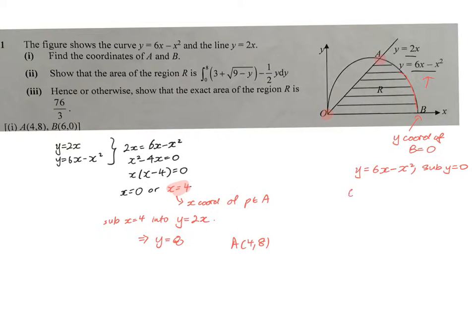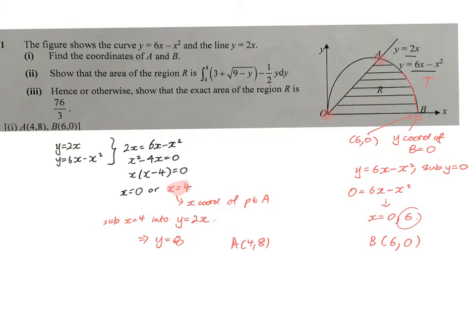What you will get is 0 equals 6x minus x squared. Solve this, x will be equal to 0 or 6, and you should see that this point here, 6, will be the x coordinate of B, and 0 will be the y coordinate of B. Alright, with that, you get that the coordinates of B are (6, 0).